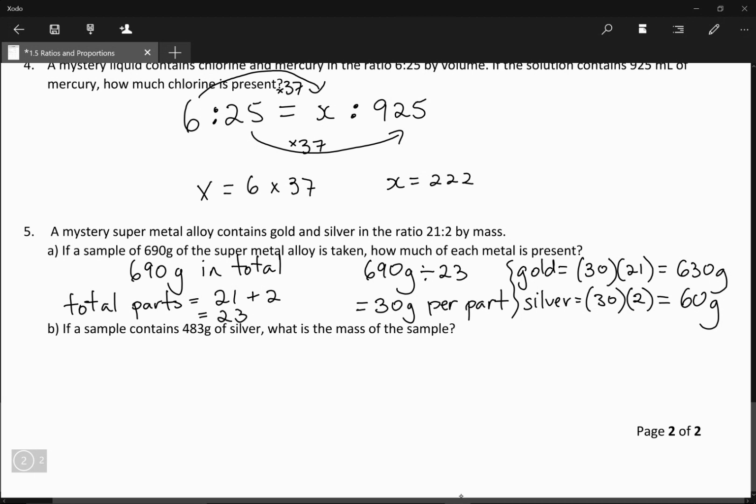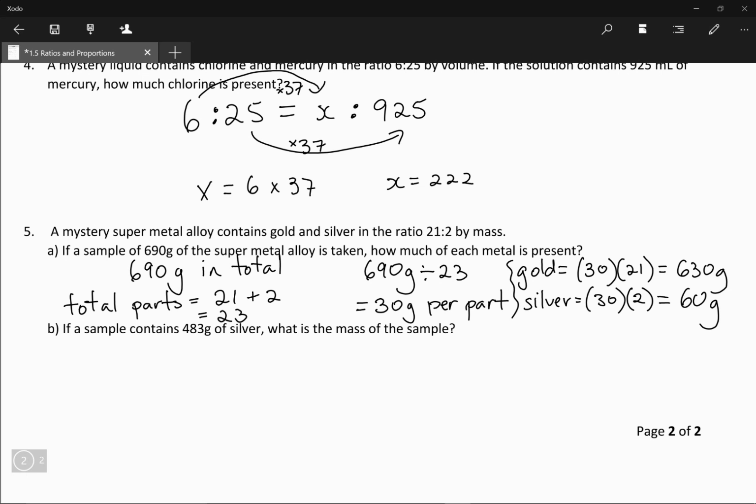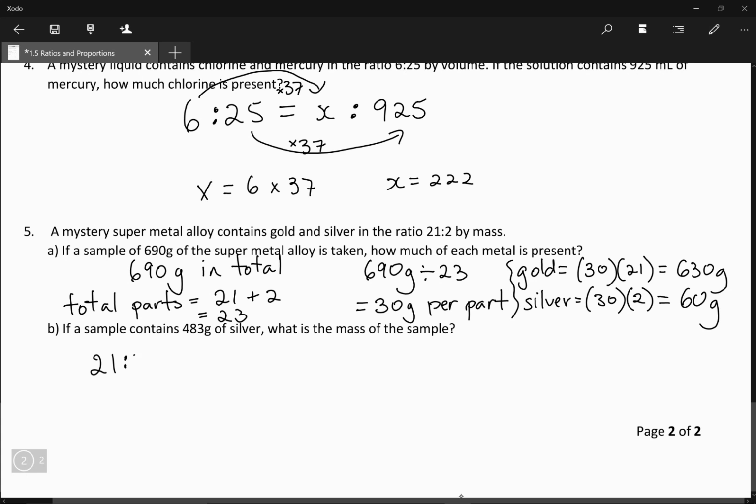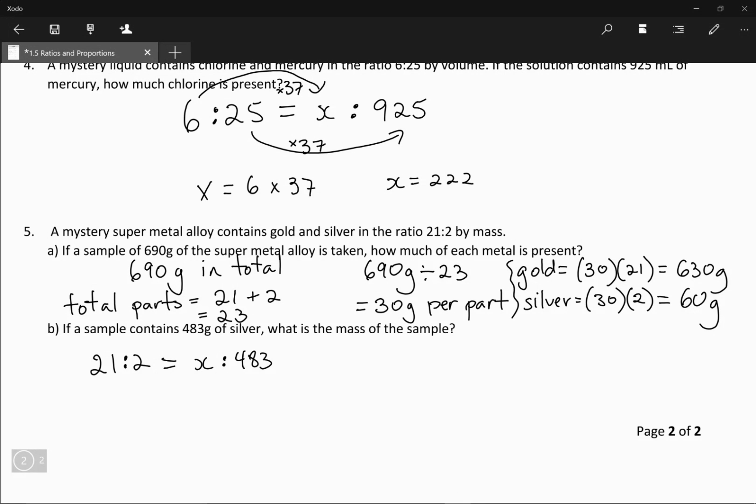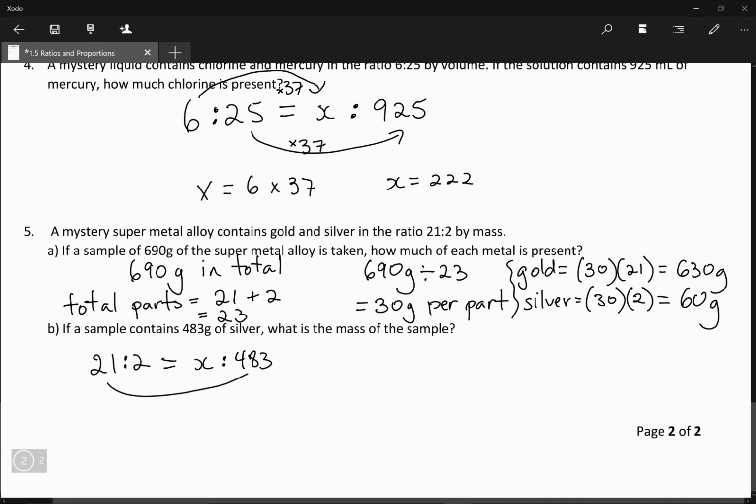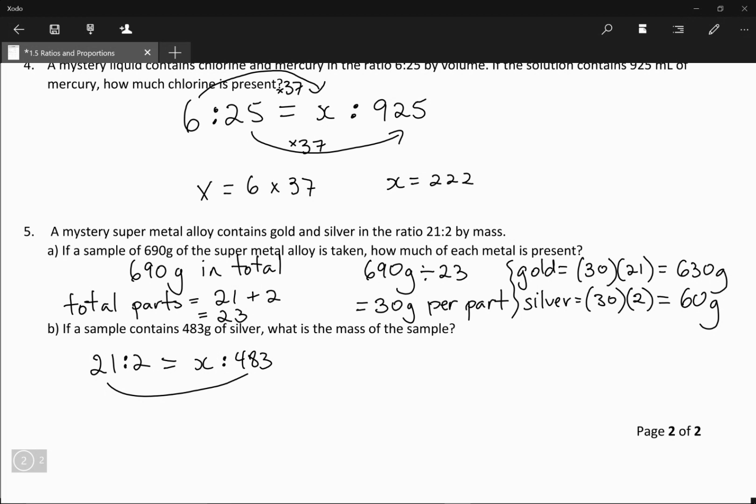If a sample contains 483 grams of silver, what is the mass of the sample? Okay, so the first way you can do this is just to show, okay, if I have 21 parts to 2 parts, that ratio is equal to the actual amount of the alloys, so x amount of gold to 483 grams of silver, solve for x. Okay, and if you follow the same process, find the scale factor. So the scale factor here could be found by looking at 483 divided by 21.